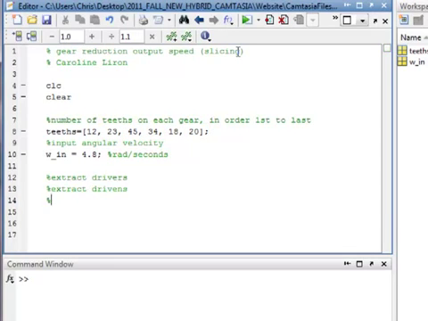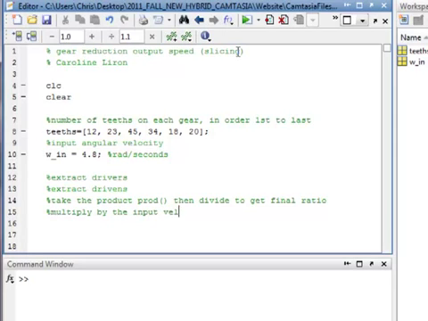Why? Because we can take the product of a vector very easily. We can use prod for both vectors. And then we can divide to get the final ratio. Then finally multiply by the input velocity to get W out.